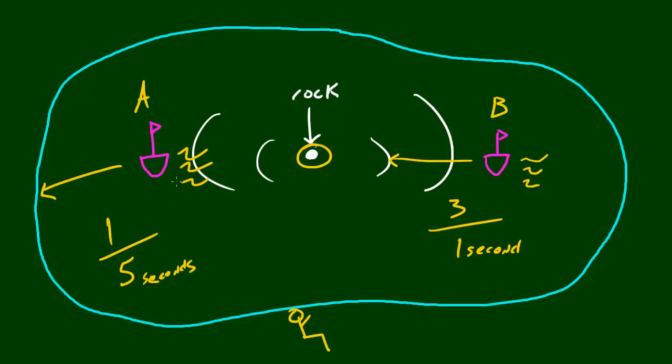So that's basically what the Doppler effect is. Remember, the definition I told you before is when the frequency of a wave increases or decreases due to the source, which is this rock, becoming closer or further away. Whenever you get closer to the source, you experience a higher frequency. Further away, you experience a lower frequency. That's what the Doppler effect is.